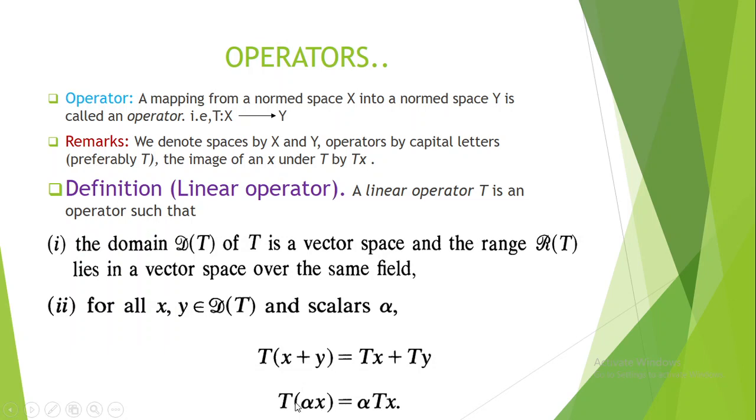The second property says that if we have any scalar alpha belonging to the field, and we first multiply the scalar with the element x belonging to the domain of T and then apply the operator, or first apply the operator on x and then multiply by alpha, we get the same result.